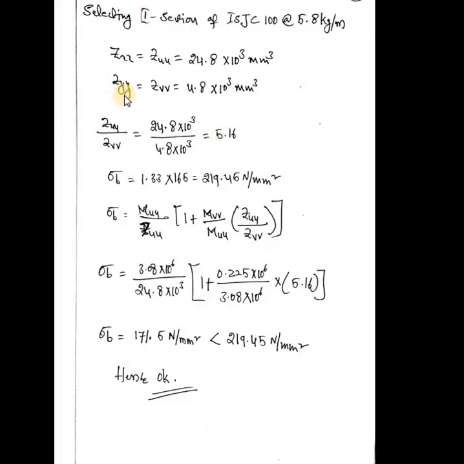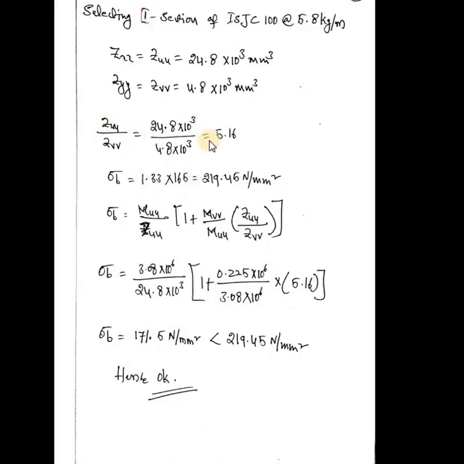So as per bending calculation, if you want to design a beam, the complete calculation is based on section modulus only. So here the section modulus is satisfied, then it is okay. After that we have to cross check the bending stresses, whether the stresses are within permissible limits or not.